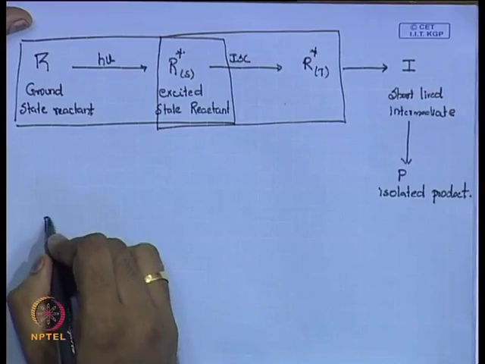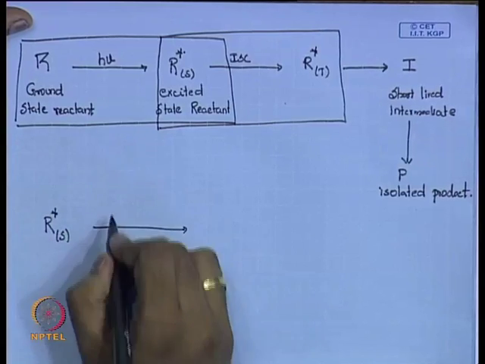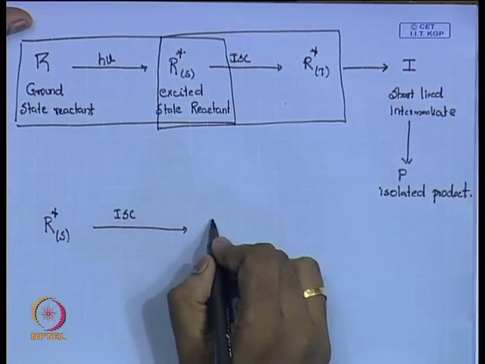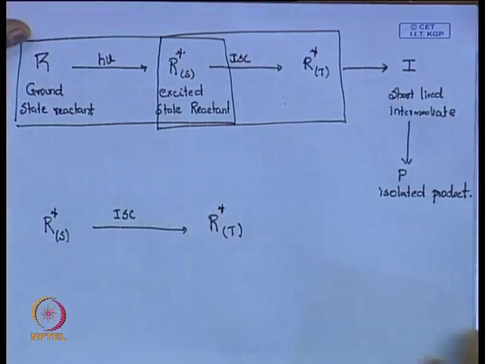Do the energy levels of the singlet and triplet have any meaning on that? That part we will do today. So, we will now be concentrating on how R star singlet undergoes an intersystem crossing to R star triplet.